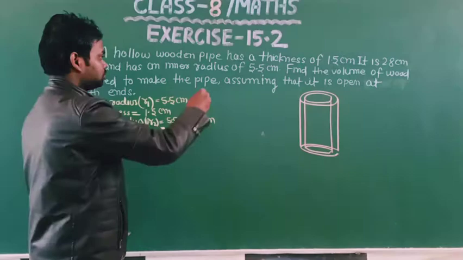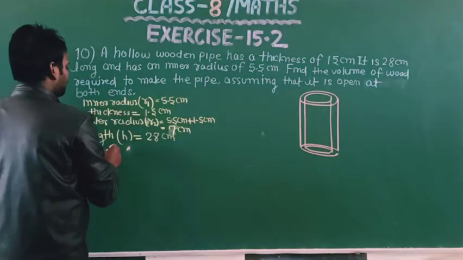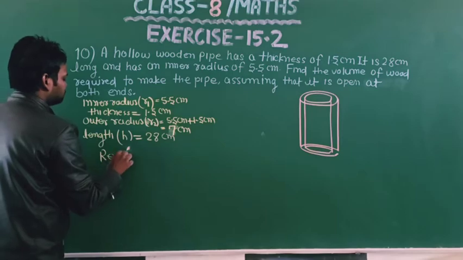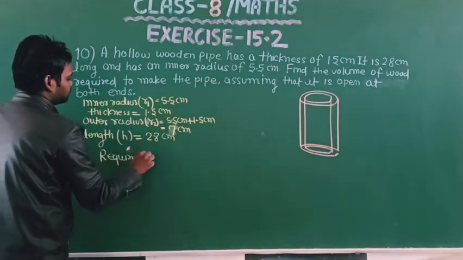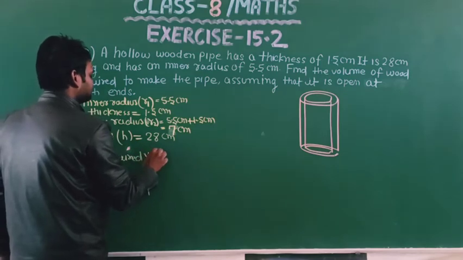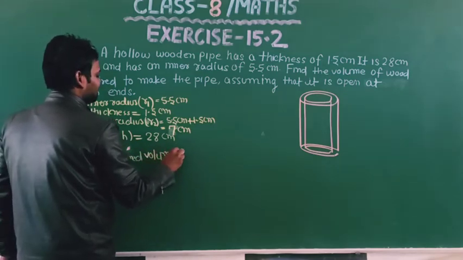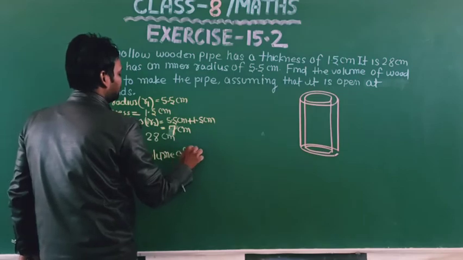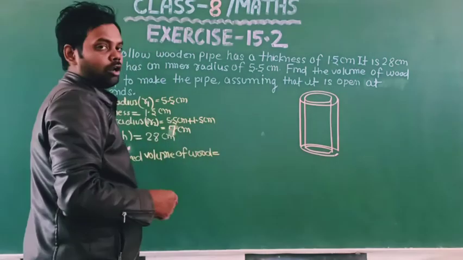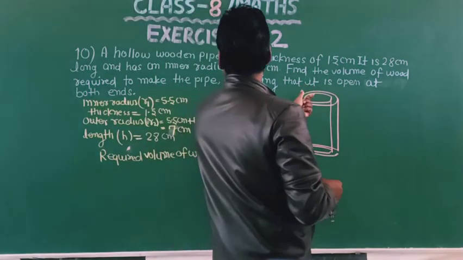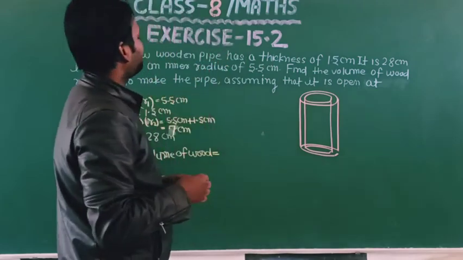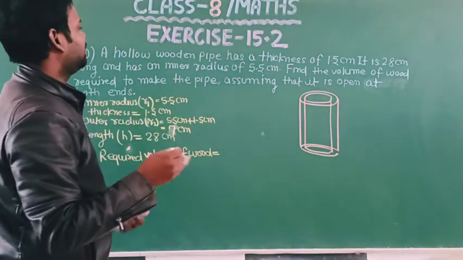So required volume of wood equal to volume of outer wooden pipe minus inner.